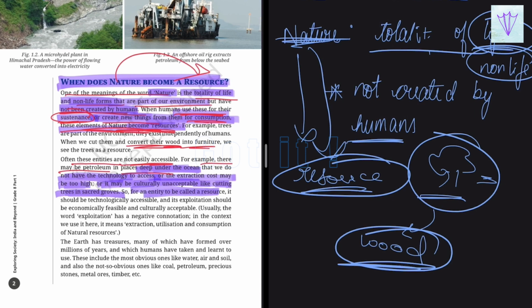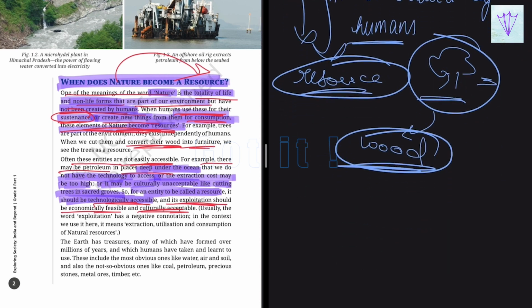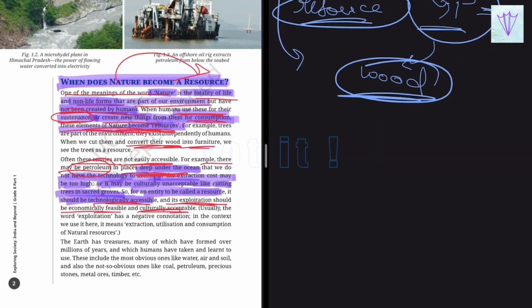For an entity to be called a resource, it should be accessible, and its exploitation should be economically feasible and culturally acceptable. If you want to take something from nature as a resource, it should be easily accessible. Some petrol is deep under the ocean, so we usually don't go there because it is either not economically possible, a very lengthy process, or we don't have the techniques to do so.